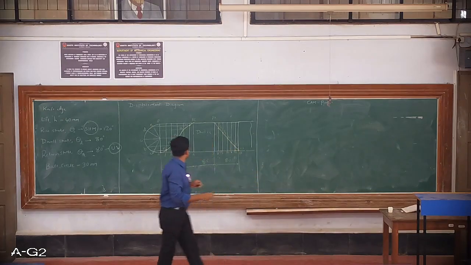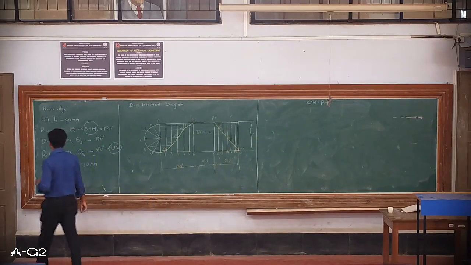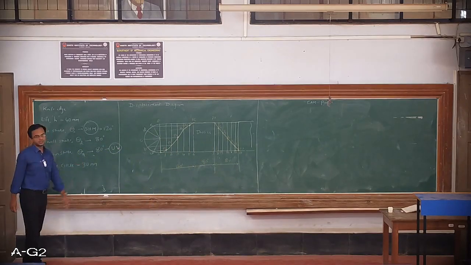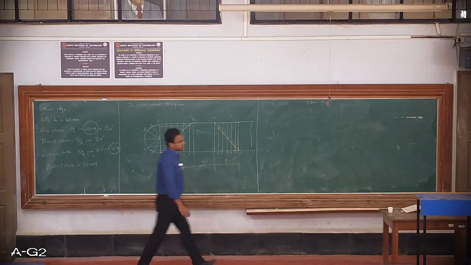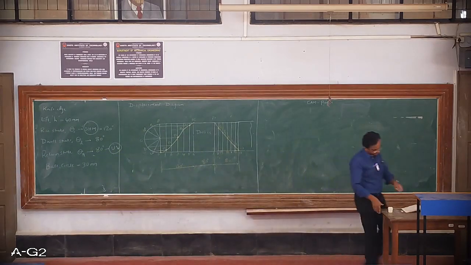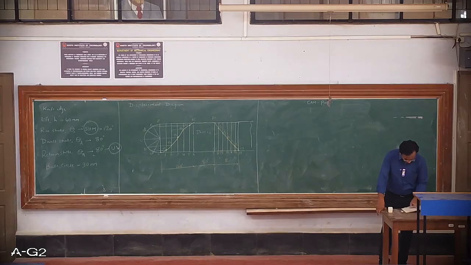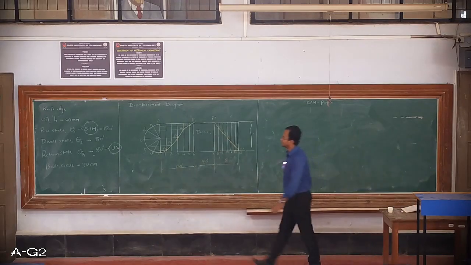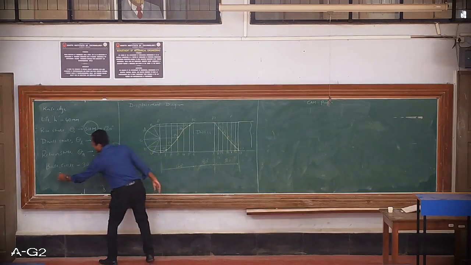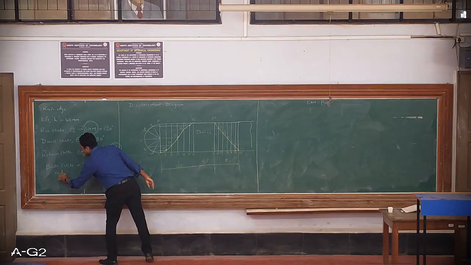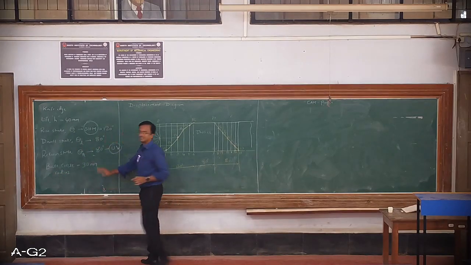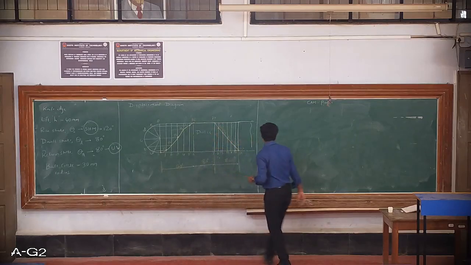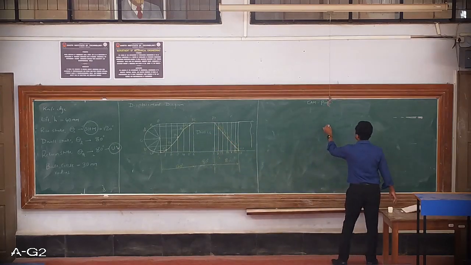To draw the base circle, we have the given data in the problem. Let me check whether it is the diameter or radius. Okay, it has a radius of 30 mm. So the base circle radius is given as 30 mm. As per that, let me draw a circle over here.